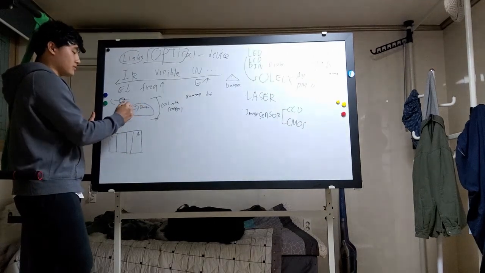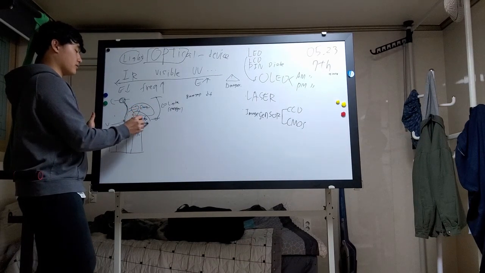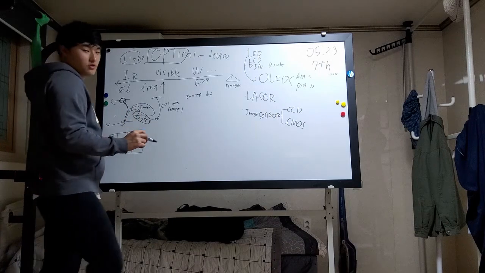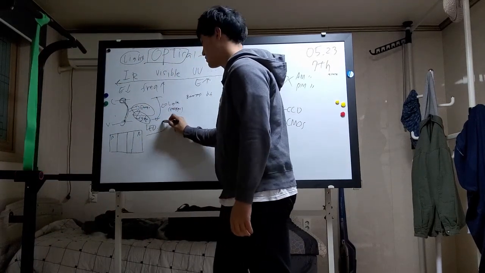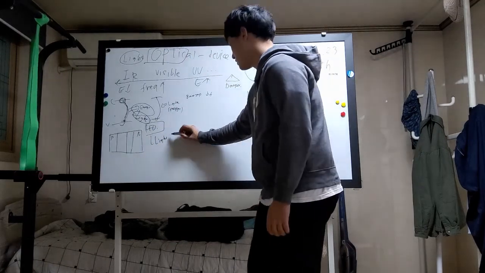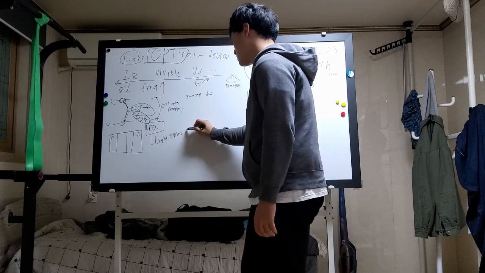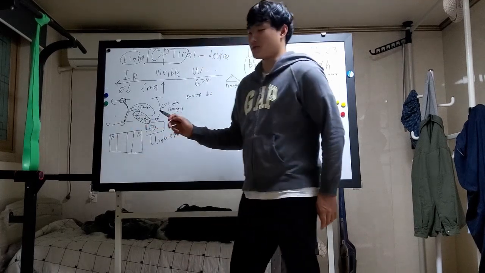So at this moment, the energy, the light, will be emitted. This is how the LED works: light emitting diode. And second, the reverse case.